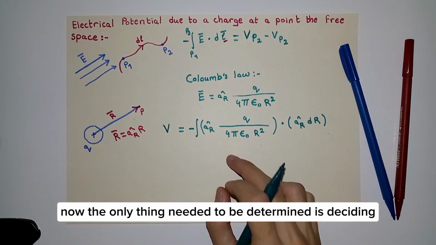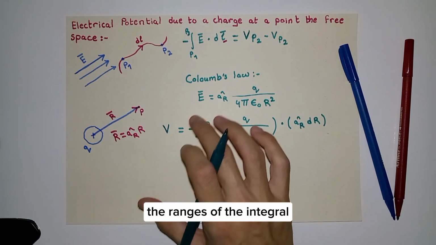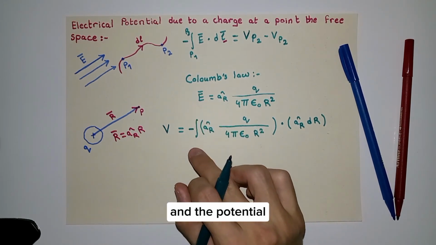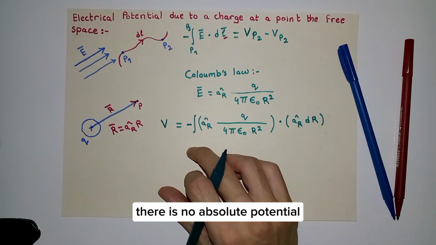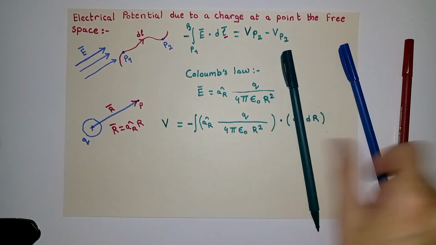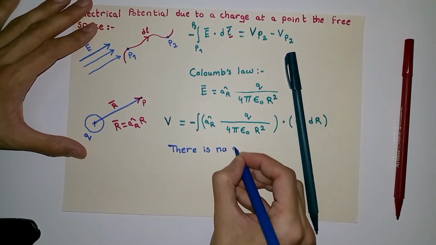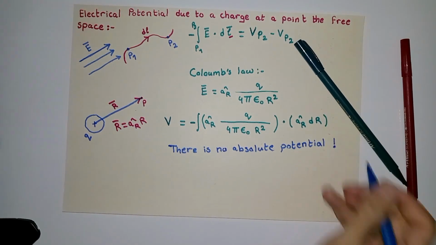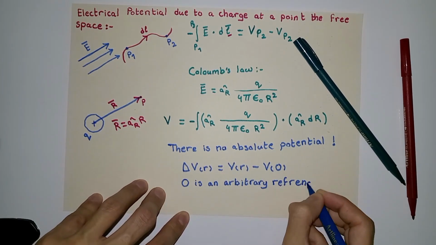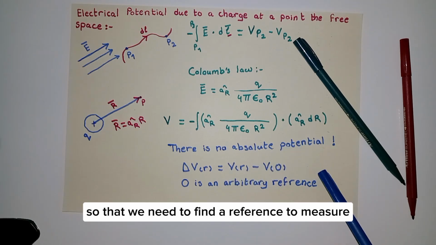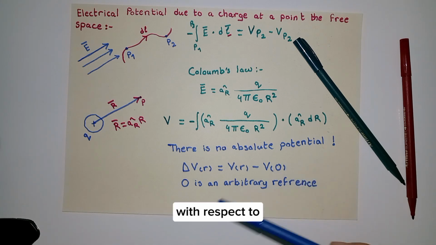Now the only thing needed to be determined is deciding the range of the integral, and the potential is specified as a difference for all time. There is no absolute potential. So we need to find a reference to measure the potential with respect to.